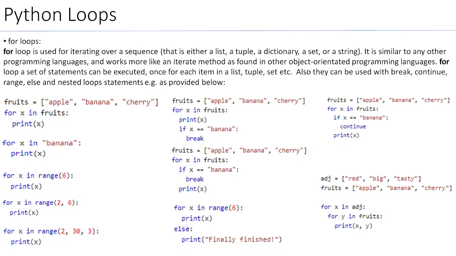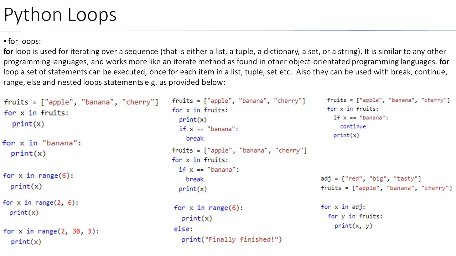It starts with 2. It checks whether the number is lesser than 30 and then increments by 3. So it first prints 2, then 2 plus 3, it's 5, like that till its value is one number lesser than 30. So that's how you can use the range along with the for loop.